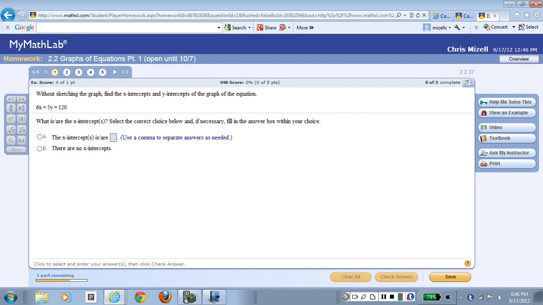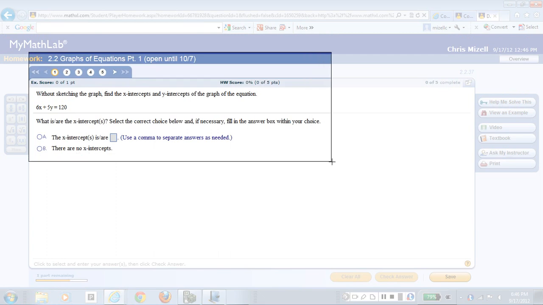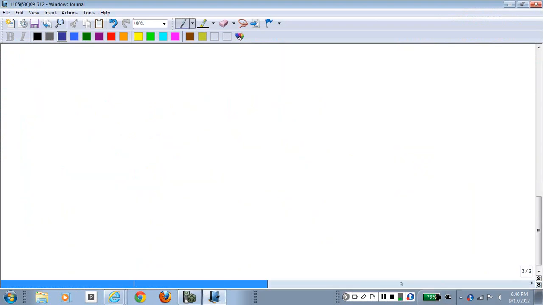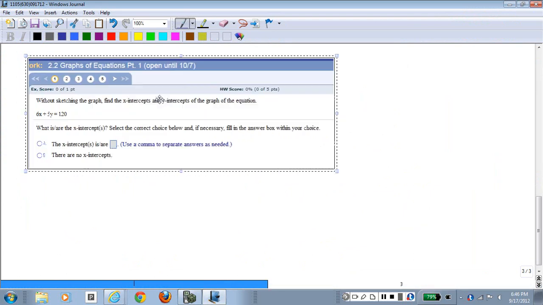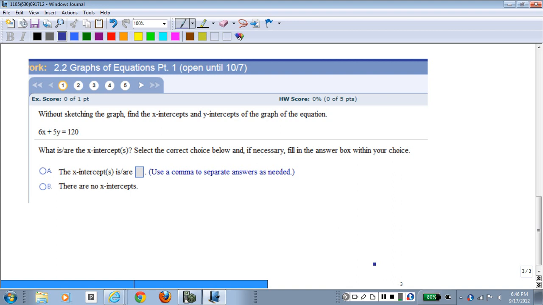Without sketching the graph, find the x and y intercepts. I would think having the x and y intercepts would go a long way toward helping us sketch the graph. I don't think I would want to sketch the graph without first finding them, unless I had a calculator sketch it for me.